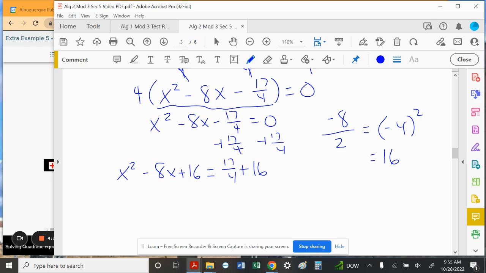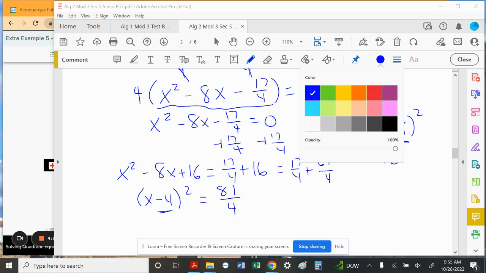When I do that, I can factor this. That's x minus 4 squared. How do I know that? Because here's my minus 4. That just goes right in there. And that equals, if I add these up, 17 over 4 plus 64 over 4. I have to get a common denominator. I add those up, I get 81 over 4.